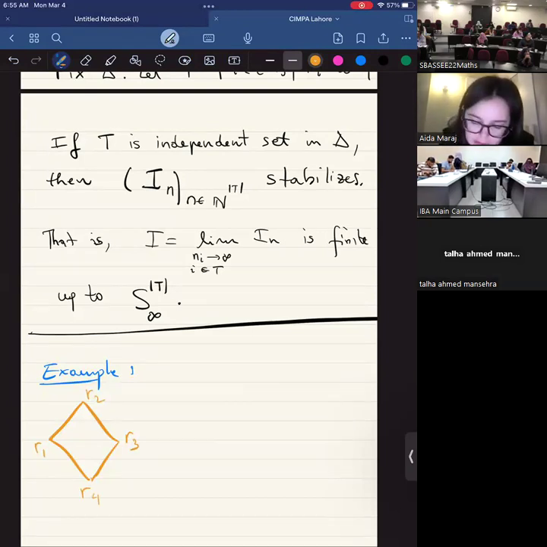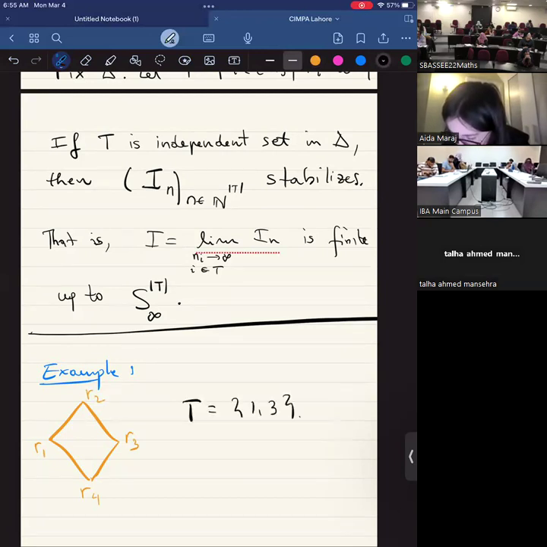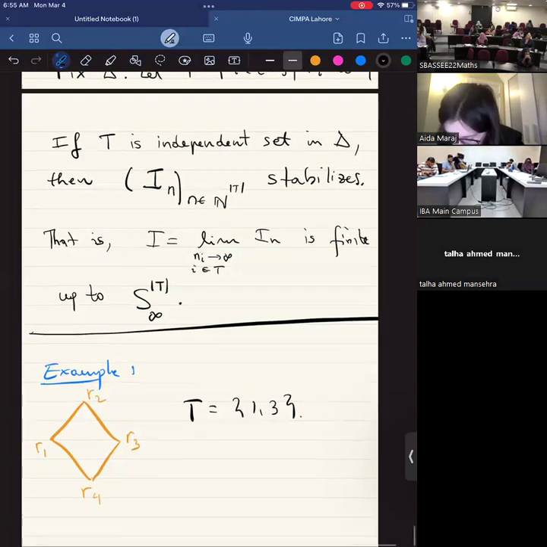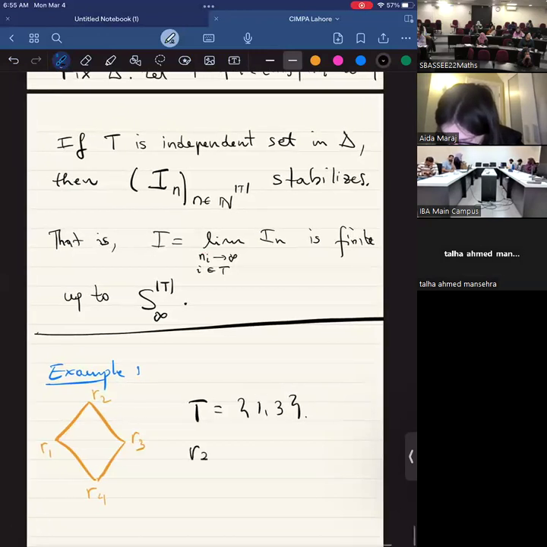In this case, let's take T to be {1, 3}, and this is independent. Let's take R2 equal to 2 and R4 equal to 3.